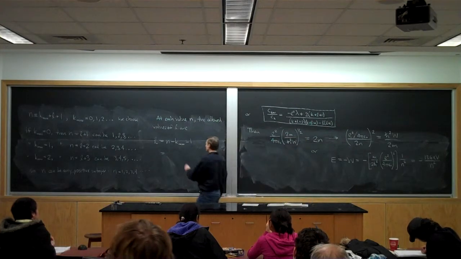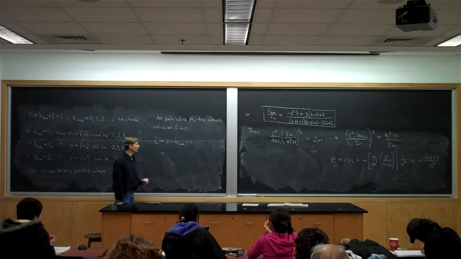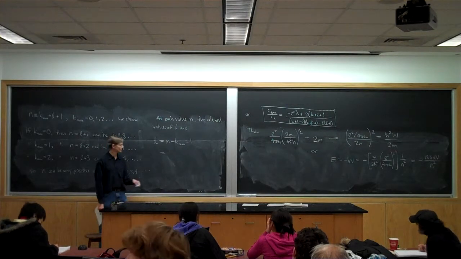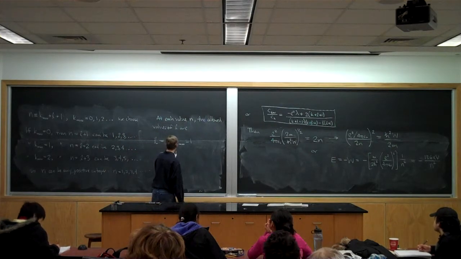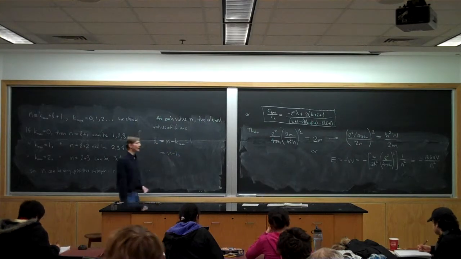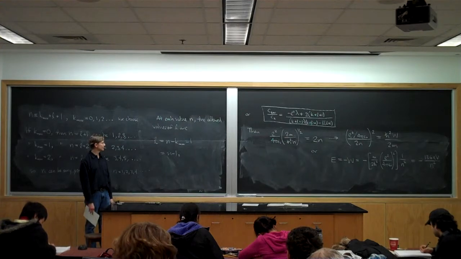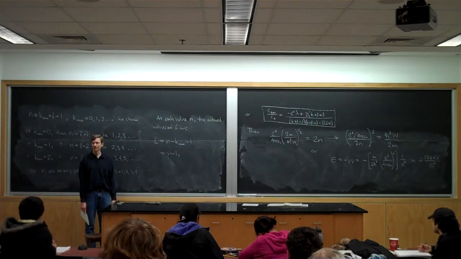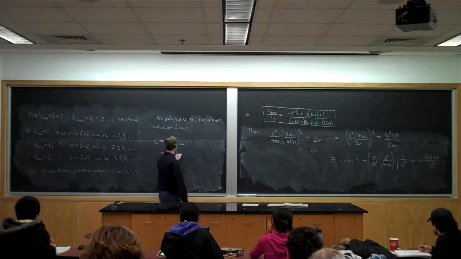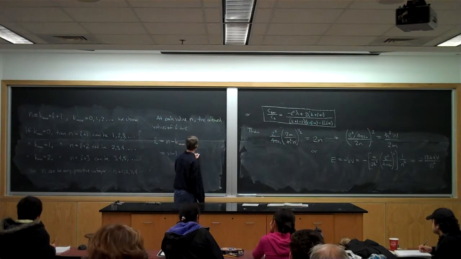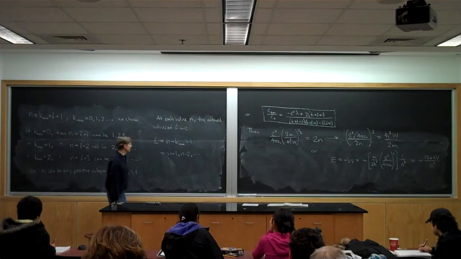So k max could be 0, in which case L would be n minus 1. What's the next smallest possible value of k max? 1, in which case L would be n minus 2. Dot, dot, dot. Where does this stop?